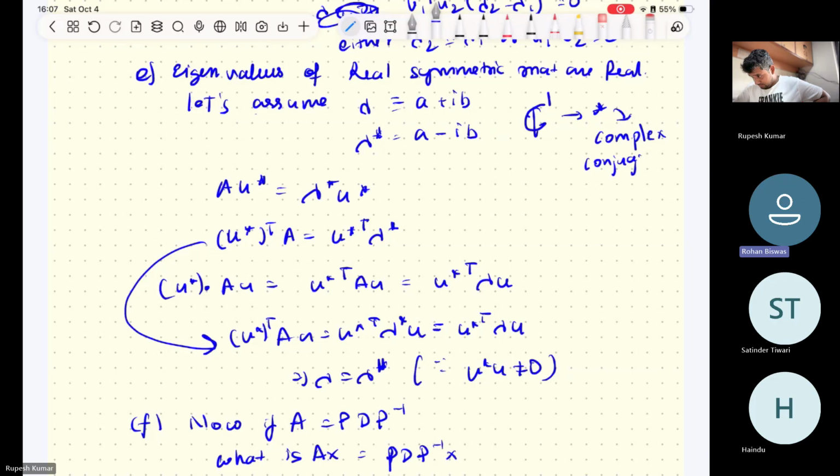Now for complex matrices, there is a term known as Hermitian. It is essentially a substitute for A transpose for complex values.